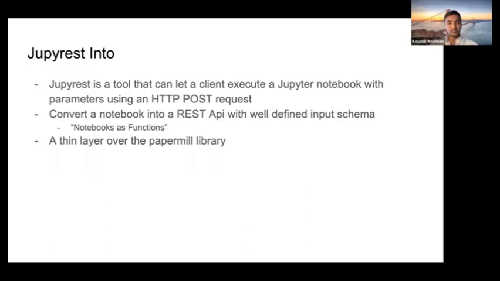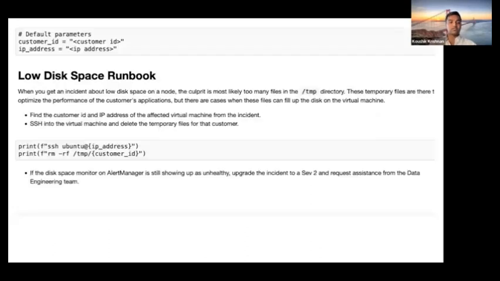I'll just show you how Jupyrest works. So imagine I have a notebook like this. This one's a low disk space runbook. At the top, it takes some parameters, and then at the end, it's going to ask me to run a particular shell command using those parameters.